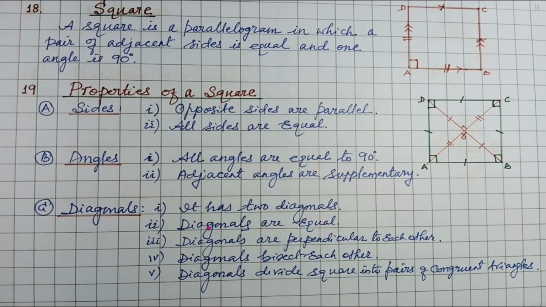Now the diagonals: it has two diagonals. The diagonals are equal, perpendicular to each other, and bisect each other. The diagonals divide the square into pairs of congruent triangles. As we know, there are again four congruent triangles in this also. So please remember, we can even say a square is a special rhombus. These are the properties of a square.